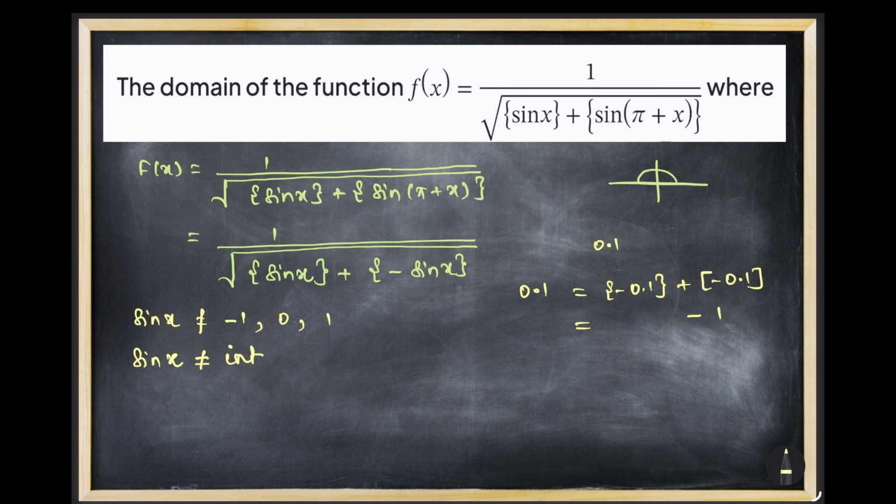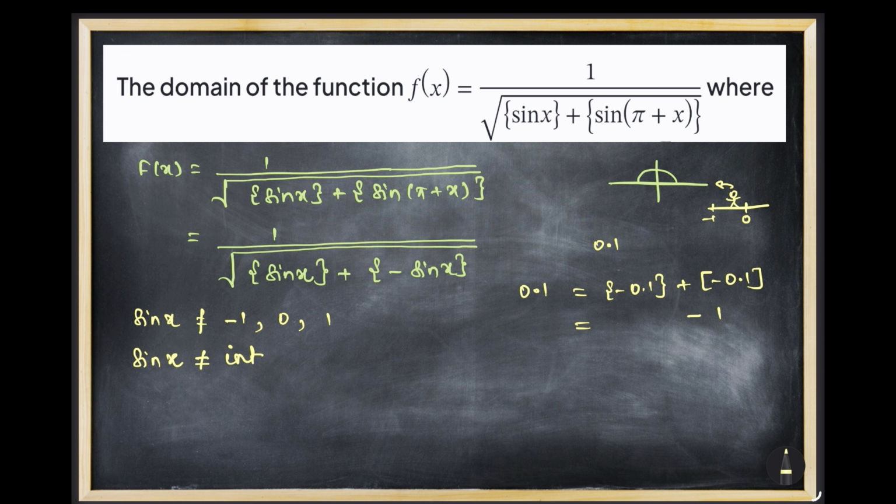Okay, I hope till this part you guys are okay, because the point is minus 0.1. Okay, so you will imagine yourself on the number line. So this is 0, this is minus 1, so you have to stay at minus 0.1. So you will move towards the negative direction, so it will become minus.